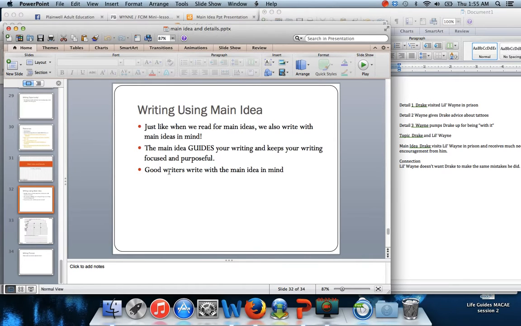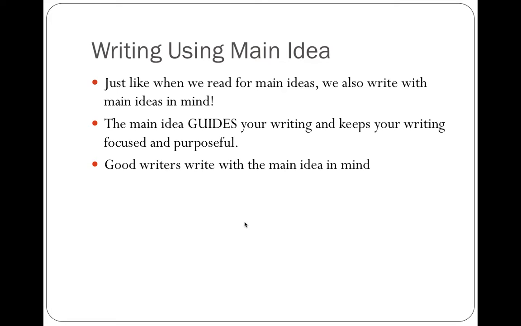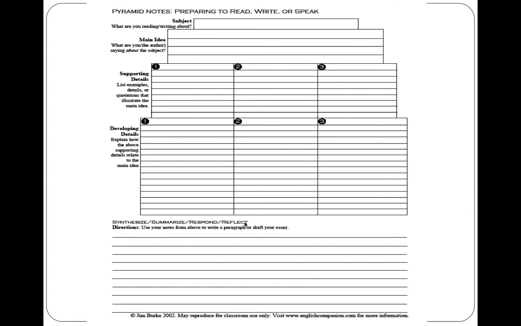At this point, we are going to start writing using the main idea. Just like when you read from main ideas, you also write with main ideas in mind. So the main idea is what you use to guide your writing, and it keeps you focused and purposeful. Good writers always write with a main idea in mind. So as you're reading, think like a writer and think about what is the person trying to communicate. So look at this structure. We start with the subject.